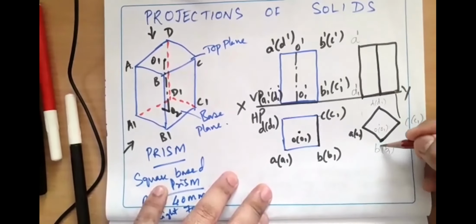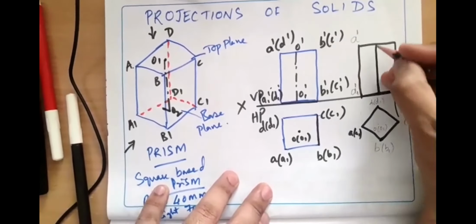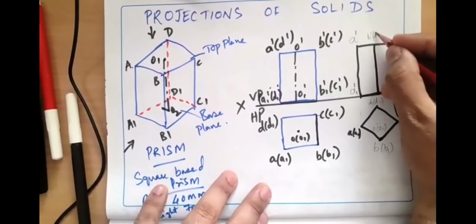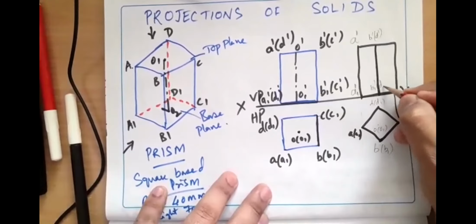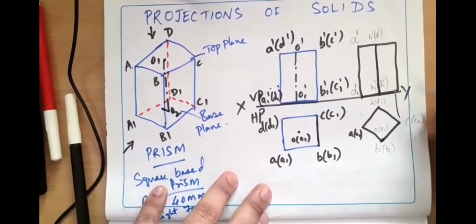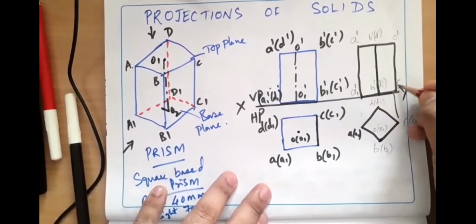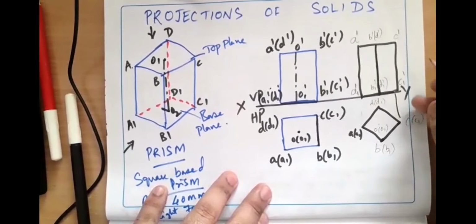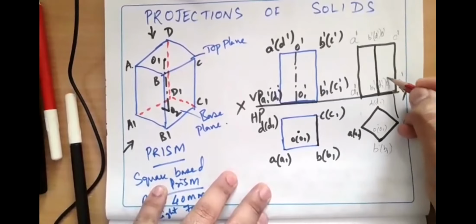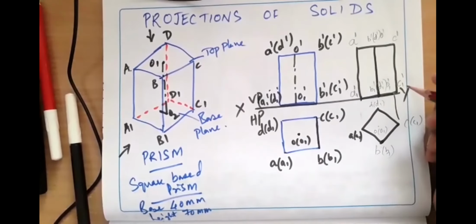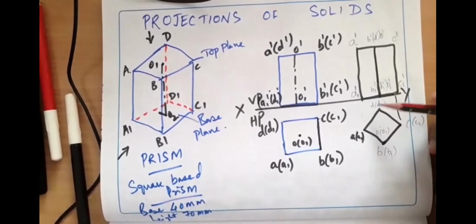Similarly, first I am seeing B and then D. So this will be B dash of D dash. Here B1 dash of D1 dash. Next here it is C dash and C1 dash. And as O of O1 is there, you can represent O dash and O1 dash here after the brackets. So this is how you name A, B, C, D.